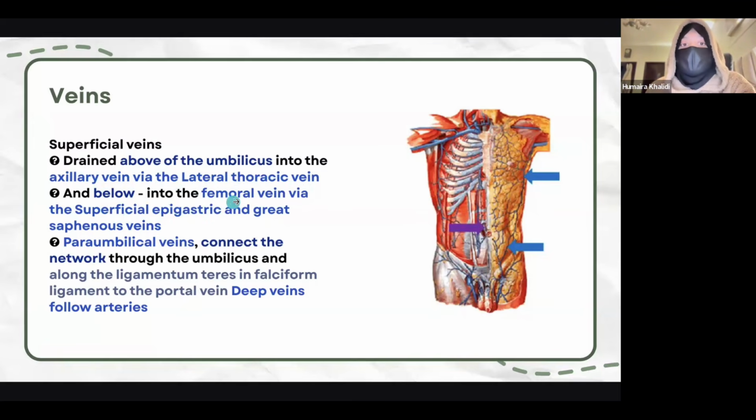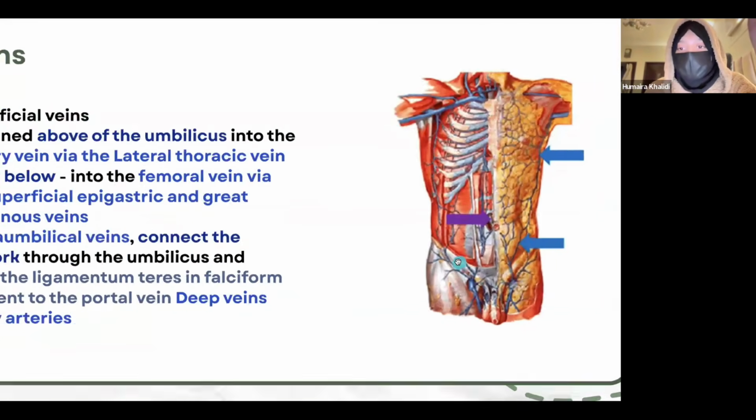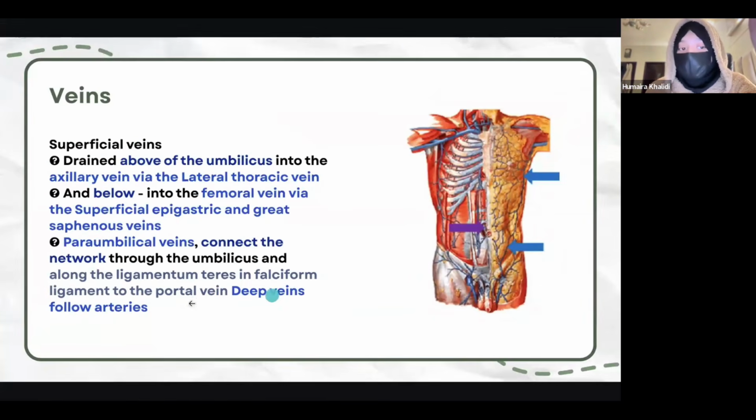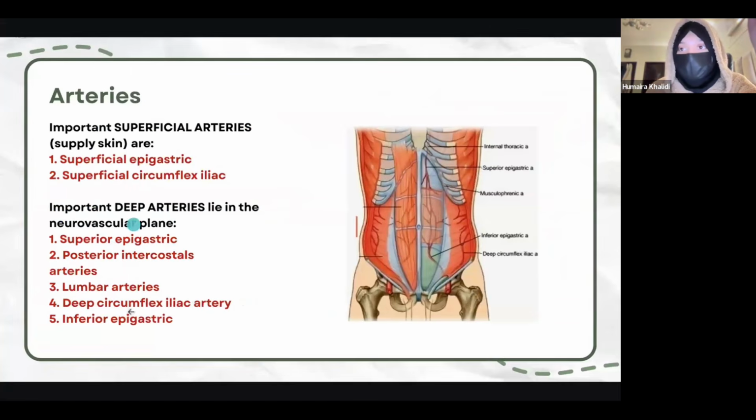Below the umbilicus, they would drain into the femoral vein and then into the superficial epigastric and the great saphenous vein. And the paraumbilical veins connect the network through the umbilicus along the ligamentum teres and falciform ligament to the deep portal vein, and the deep veins follow the arteries. Deep veins follow the arteries, as in these deep veins would be these.